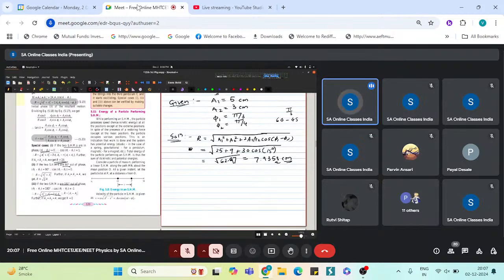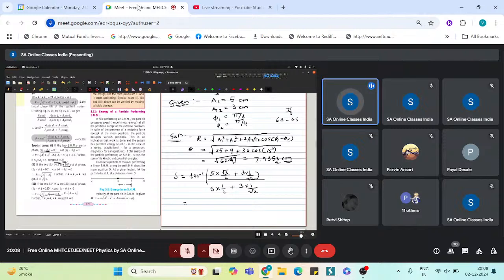And again, now to find delta, we again have a formula which is tan inverse of a1 sin phi 1, so a1 is 5 into sin phi 1, sin 60 essentially is root 3 by 2, plus a2 is 3 into sin of 45, which is 1 by root 2, divided by 5 into cos of 60, which is 1 by 2, and 3 into again 1 by root 2, because sin and cos of 45 are the same.